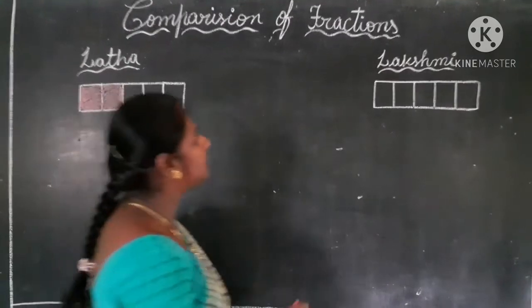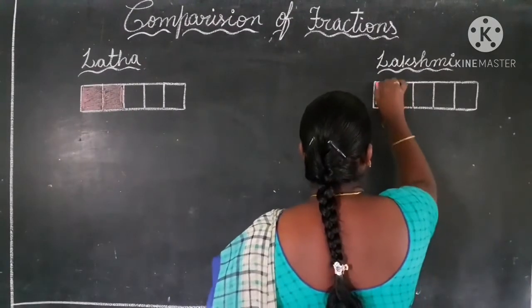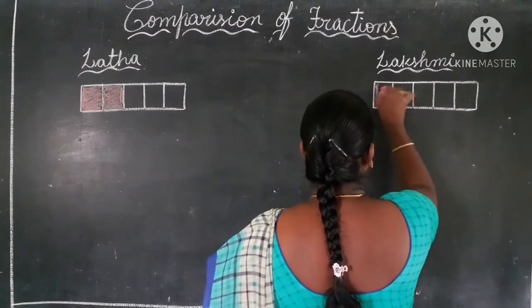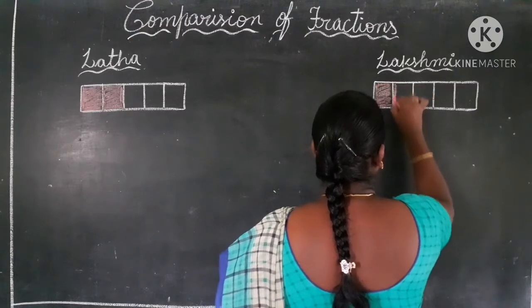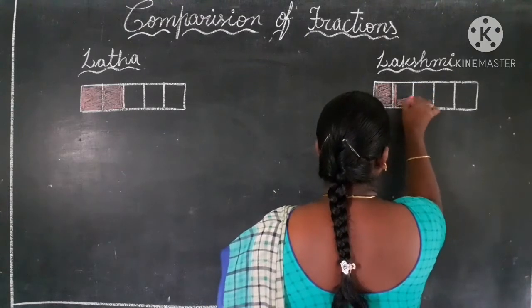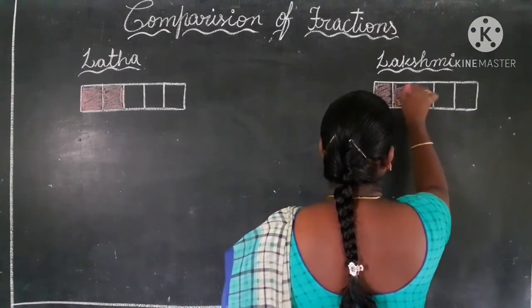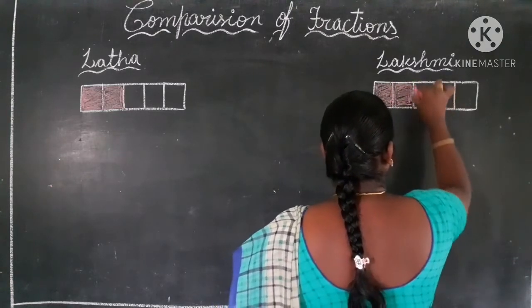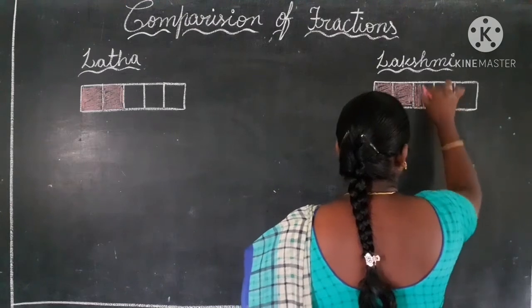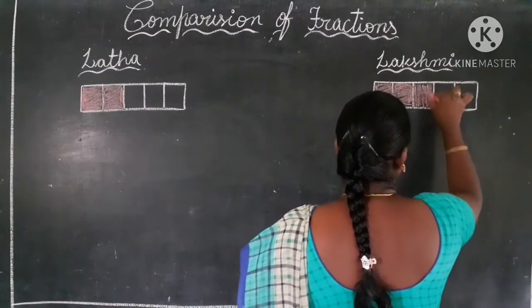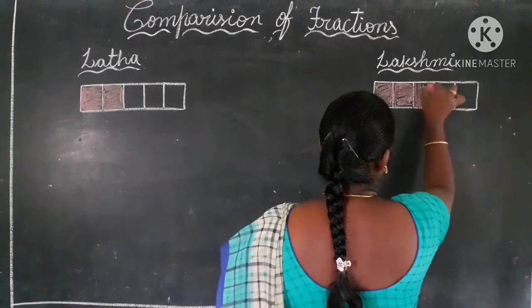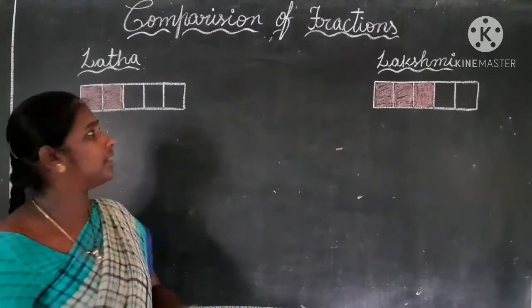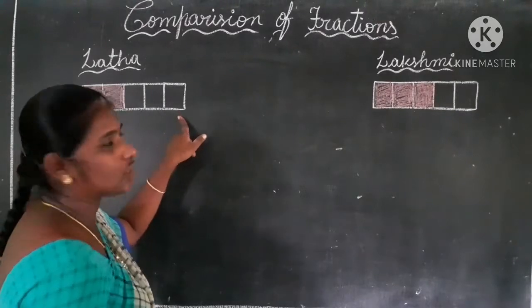Lata ate 2 parts, Lakshmi ate 3 parts. How do we write this as a fraction?